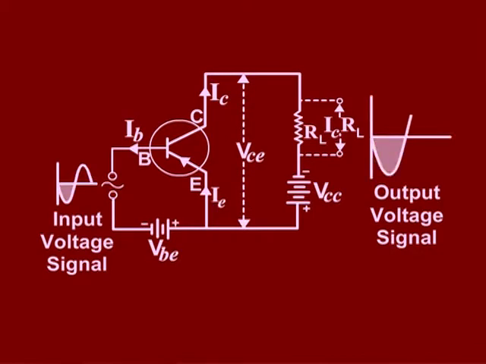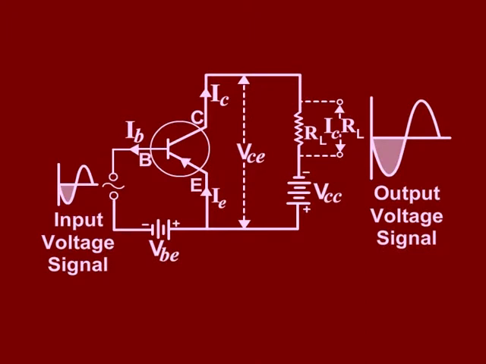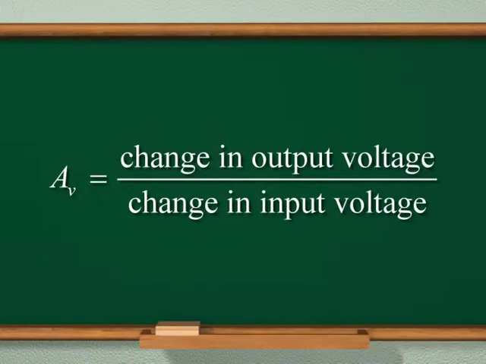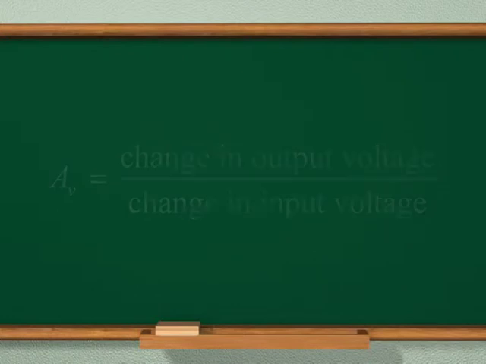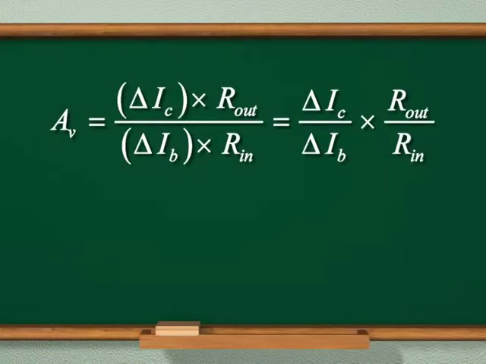If on applying an AC input signal, the input current varies by delta IB and correspondingly the output current varies by delta IC, then AV is equal to the change in output voltage to the change in input voltage, or AV is equal to delta IC into Rout upon delta IB into Rin, which is also equal to delta IC upon delta IB into Rout upon Rin.